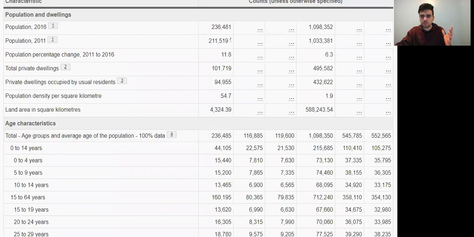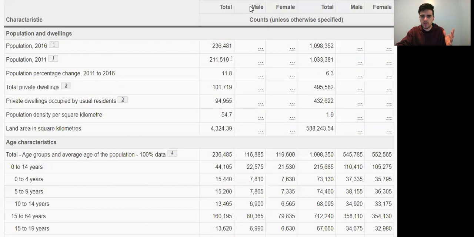There were 116,885 males in Regina in 2016, and females there was 119,600. So roughly there were about 3,000 more females than males in 2016.